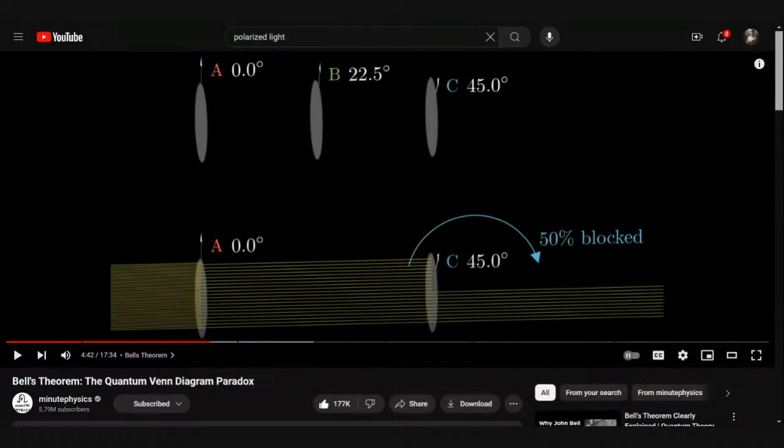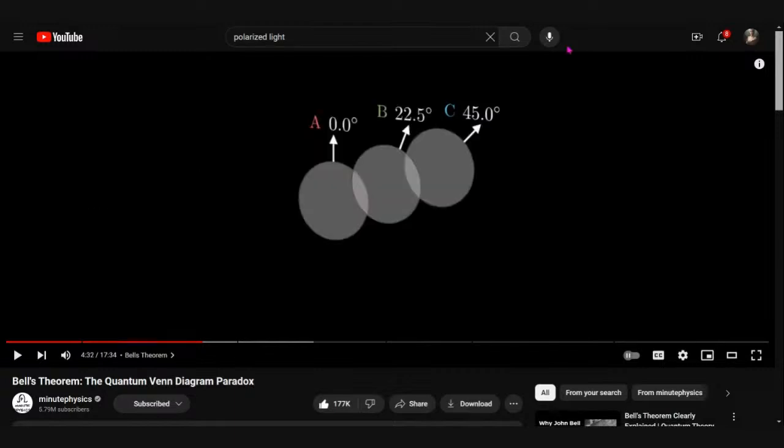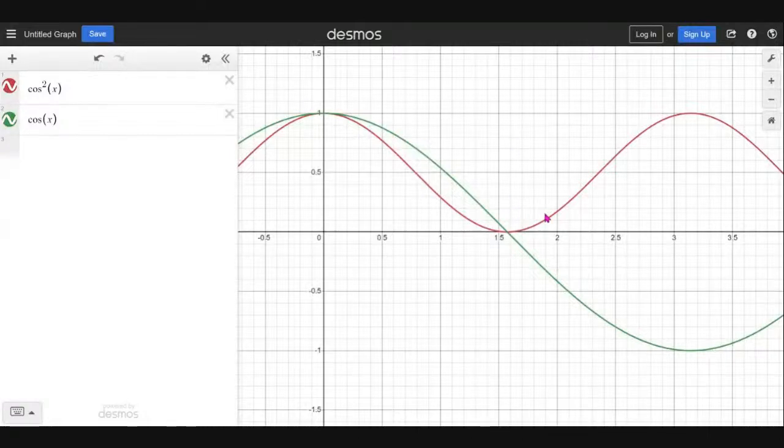Just go back. Go back to the chart. The graph? Yeah. Okay, so where's 45 degrees?